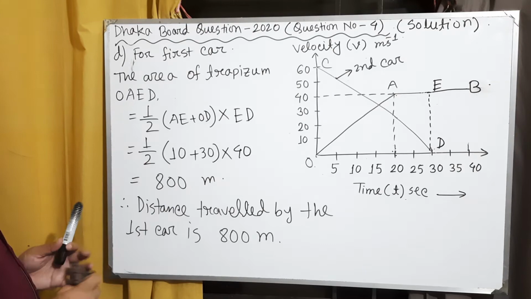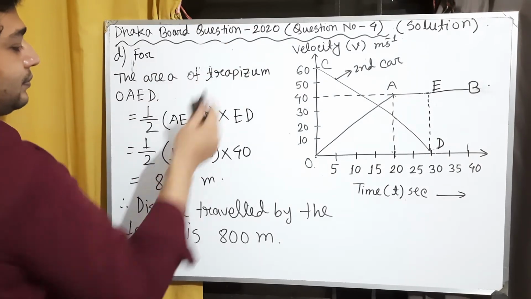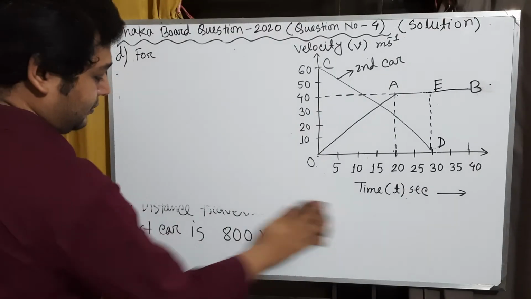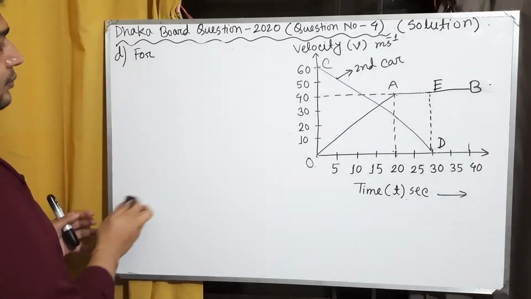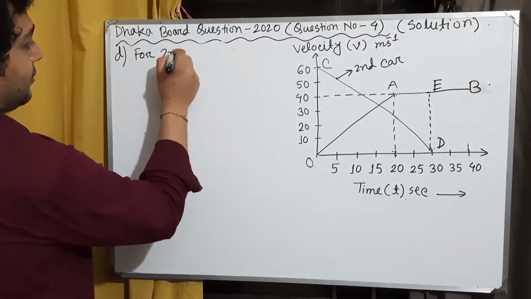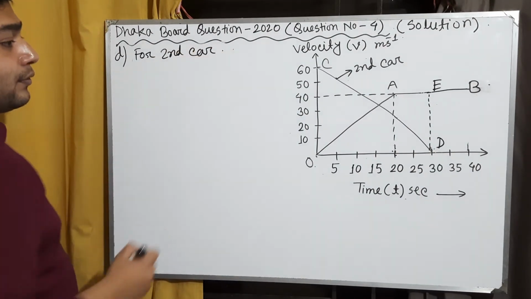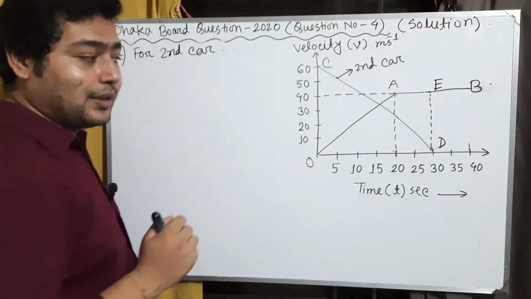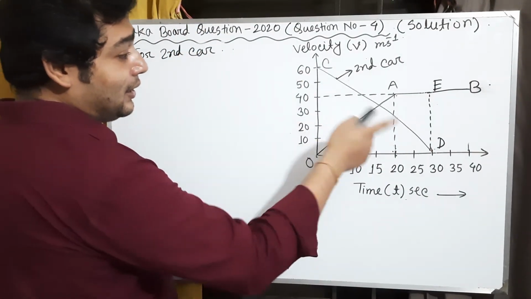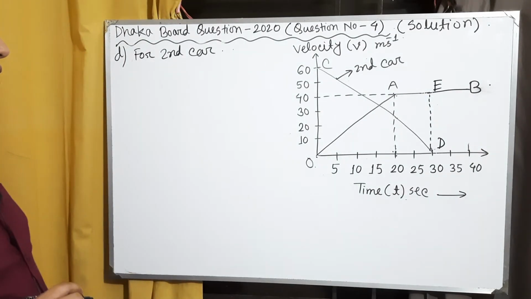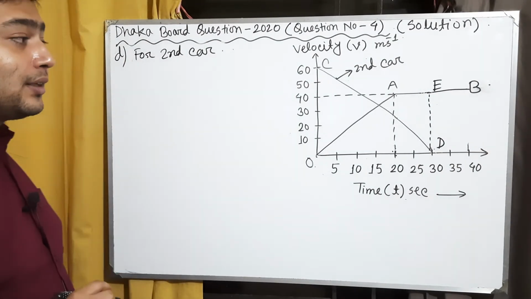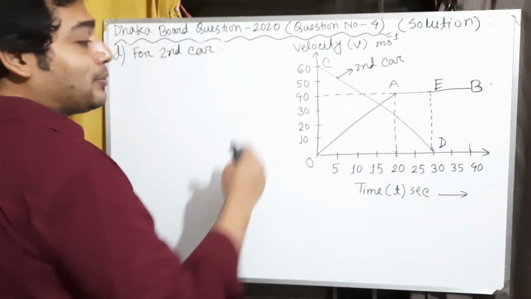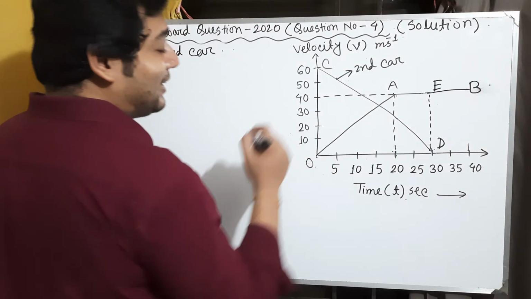For the second car the traveling path is CD, so the distance of the CD path will be the area of triangle OCD.